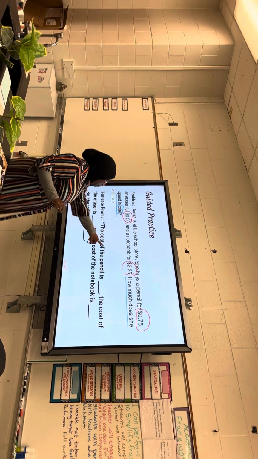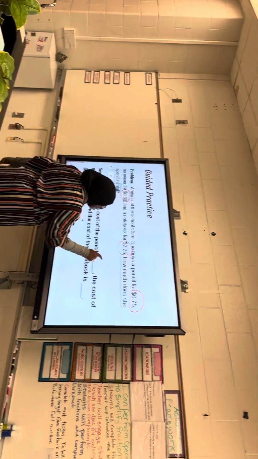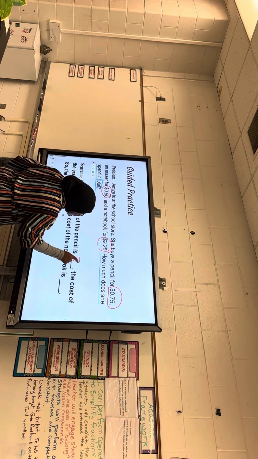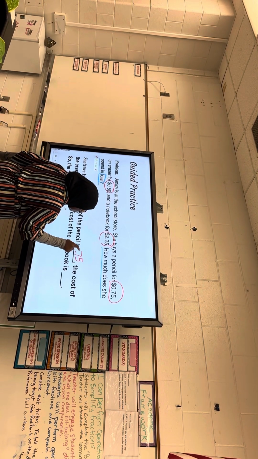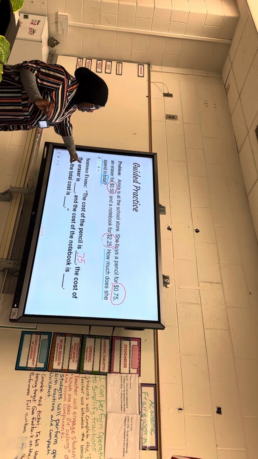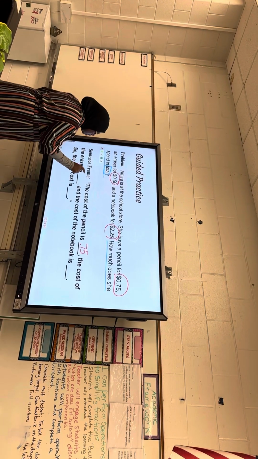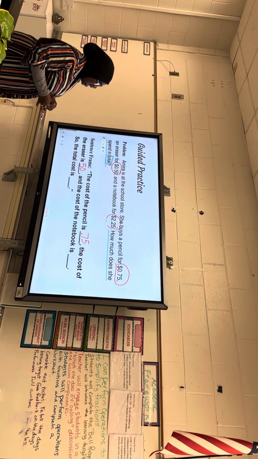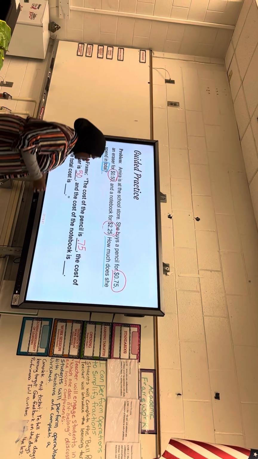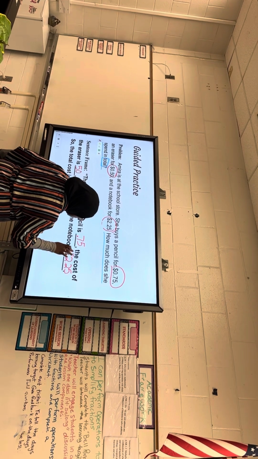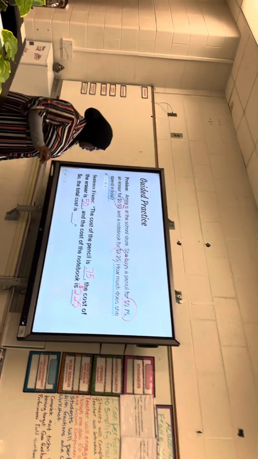The cost of the pencil is 75 cents. Awesome, 75 cents. Decimal point, can't forget my decimal point. The cost of the eraser is 50 cents. Okay. And the cost of the notebook is $2.25. Okay.